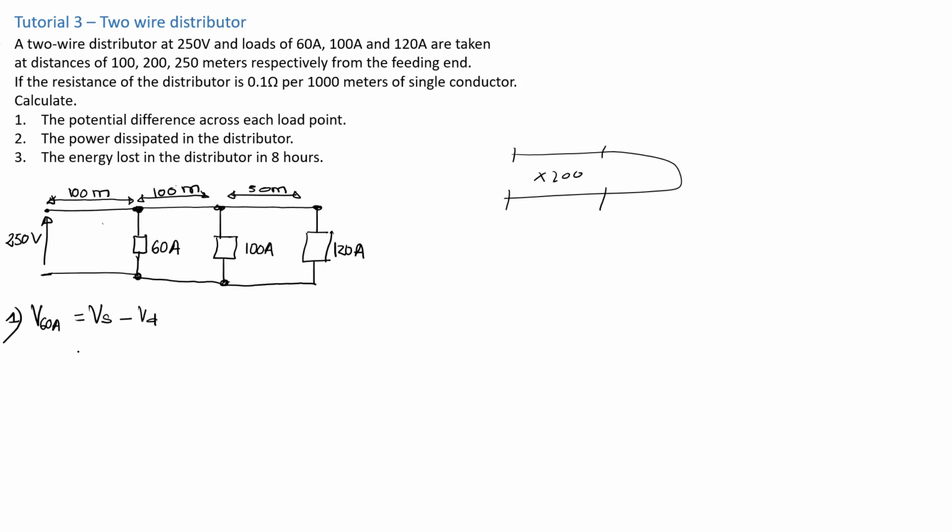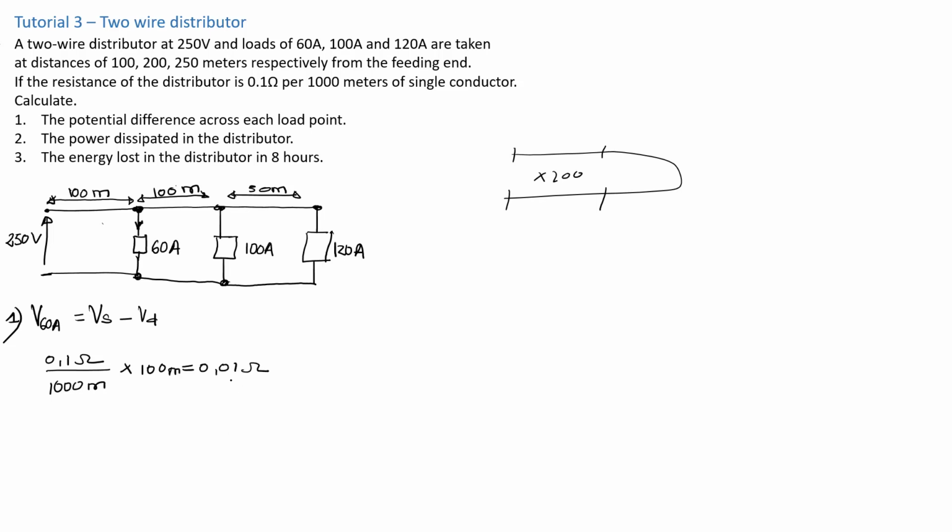But we have the information. They say at 0.1 ohm we've got 1000 meters. So if we multiply it by 100 meters, we can find the resistance of 100 meters. Computing this gives us 0.01 ohm.